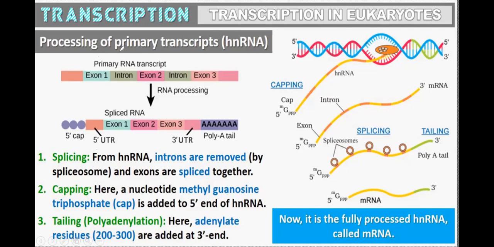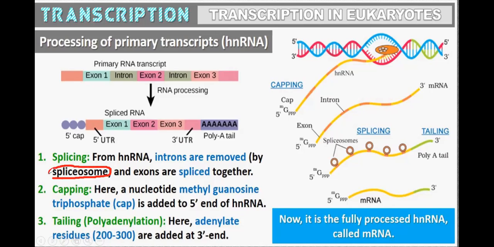So in the processing of the primary transcript, hnRNA, there are three steps. First is splicing, second is capping, third is tailing. During splicing, introns are removed from hnRNA by the spliceosome, a structure that removes the introns.